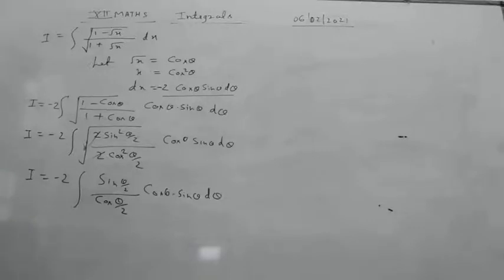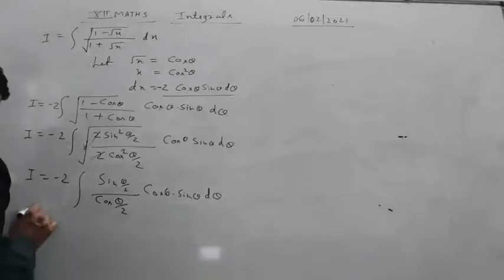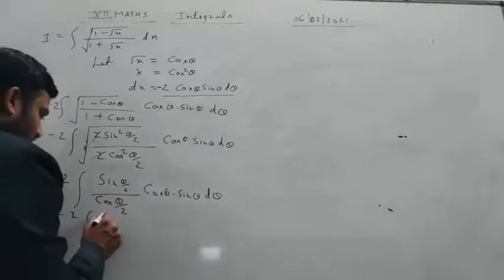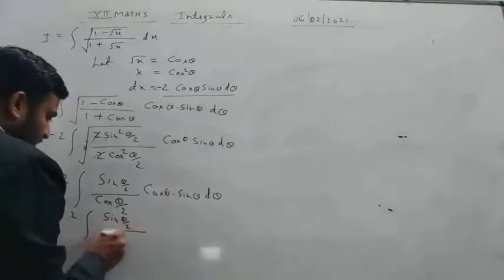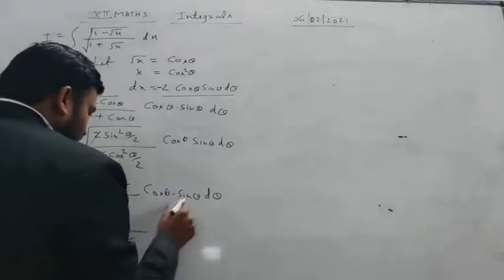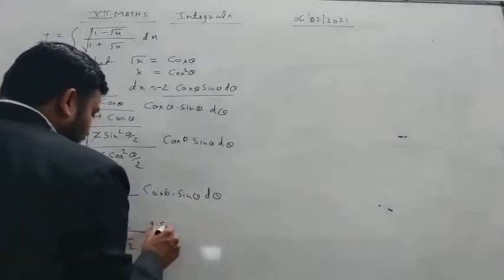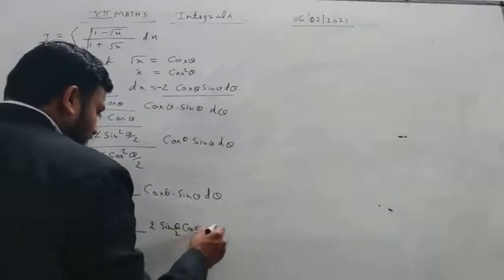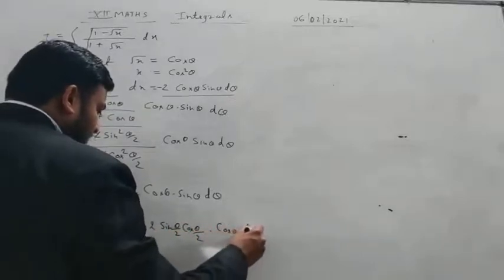Now we know that sin theta can be written as 2 sin theta by 2 cos theta by 2, into cos theta d theta.